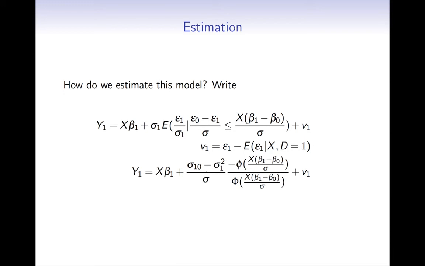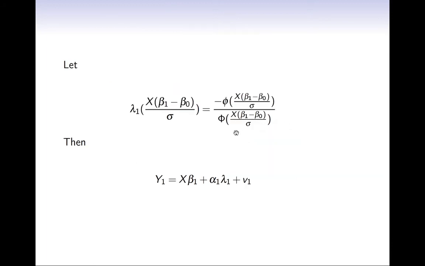Why could we not just estimate the model ignoring selection? Well, the reason is because you only see y1 for D equals 1 individuals, and the mean of the error term, conditional on X and conditional on D equals 1, is not equal to 0. So we need this to control for selectivity bias. It's sometimes called lambda, which is the Mills ratio.